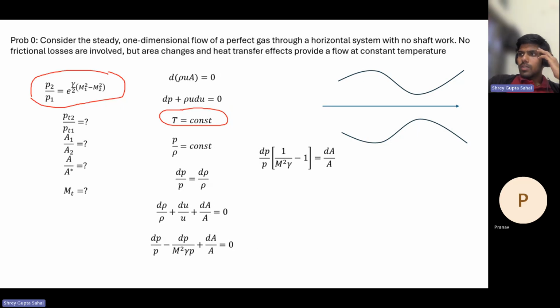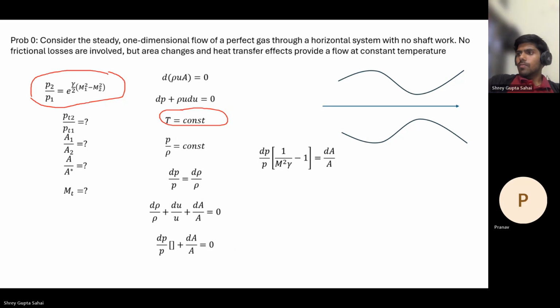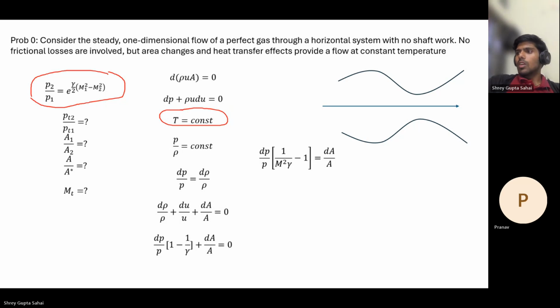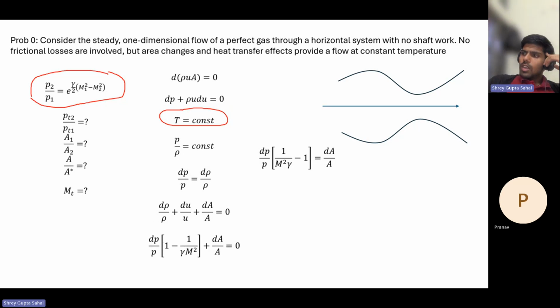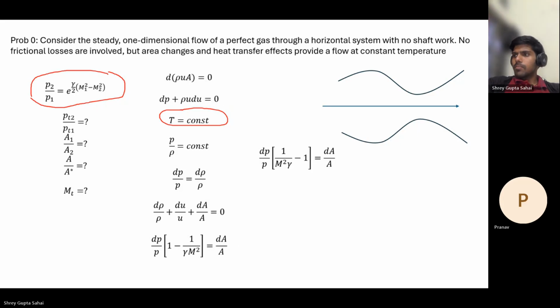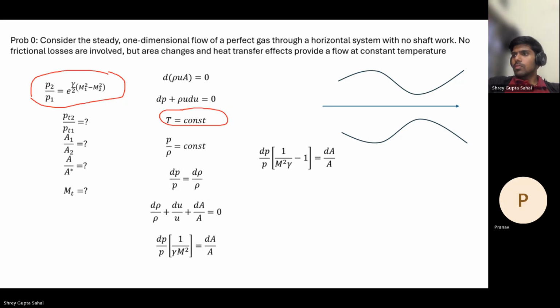This one is okay. The earlier expression was fine.